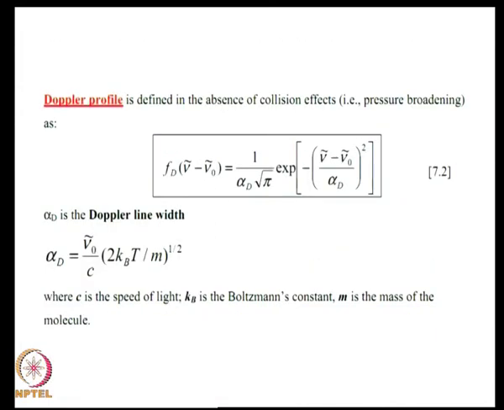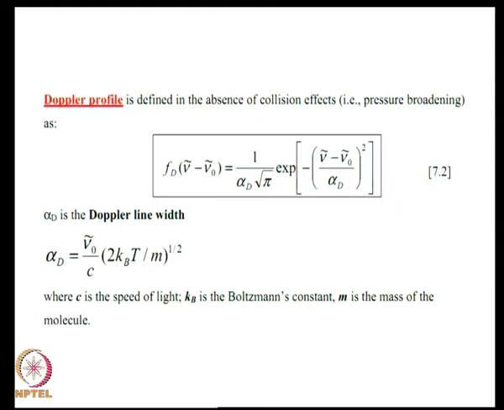This is the shape function for the Doppler broadening due to the temperature of the gas. Look at this function. It shows an exponential decline in the shape function.